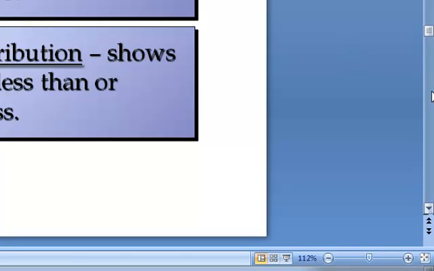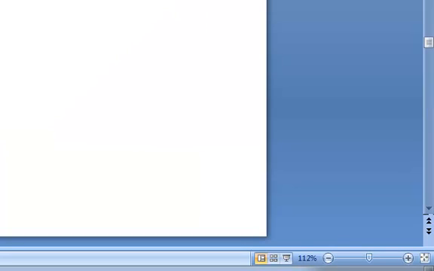How do we construct these cumulative distributions? What we do is we add up the frequency distributions from the lowest class to the highest class. And what we do is we add them up cumulatively.